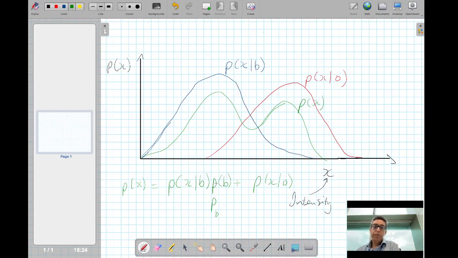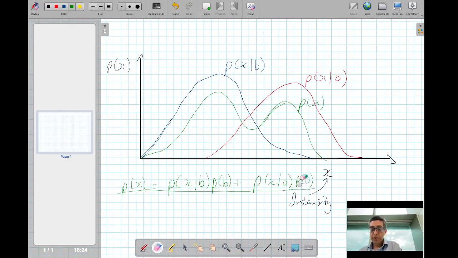Similarly, you have to scale P of X given O by the prior probability of reaching into the image, pulling out a pixel randomly, and finding that it is an object pixel. So it's basically the area occupied by the object pixels as a proportion of the total number of pixels in the image. And that is our mixture model.